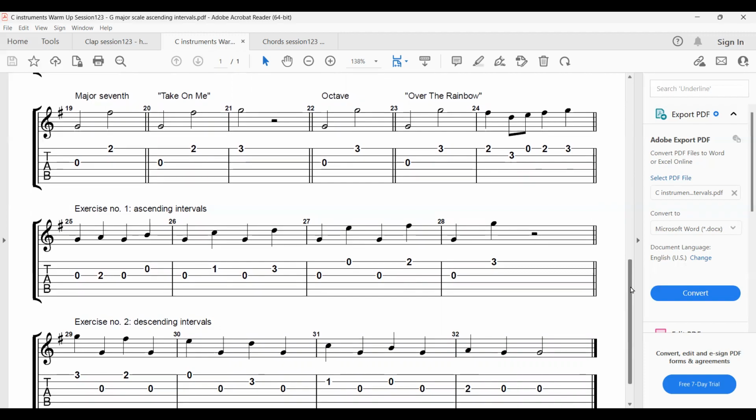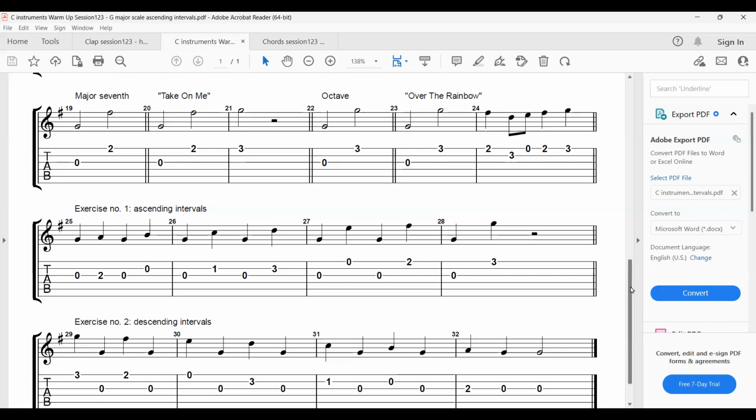The major seventh, quite a rare one, because it's a very difficult leap to sing, or even to play for that matter. And the major seventh is only a semitone below the octave. So it's a dissonant interval when you hear them together.